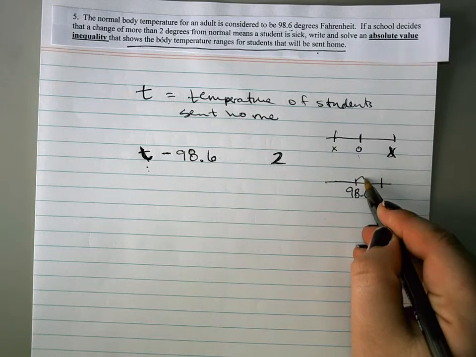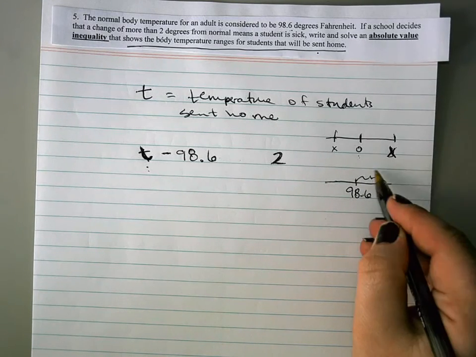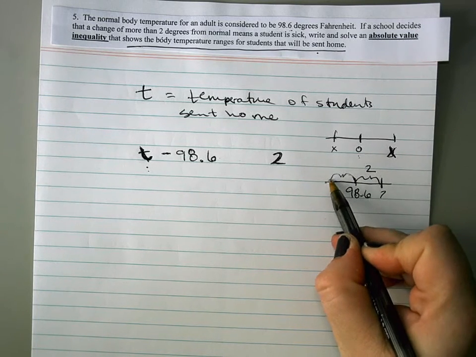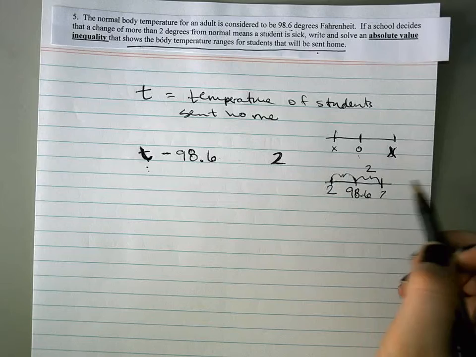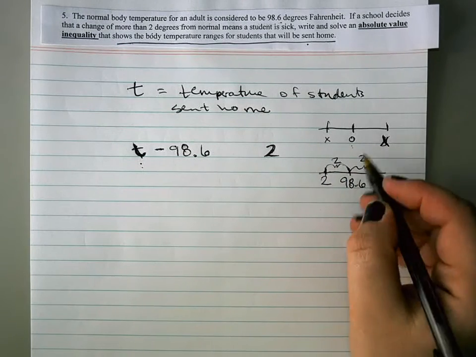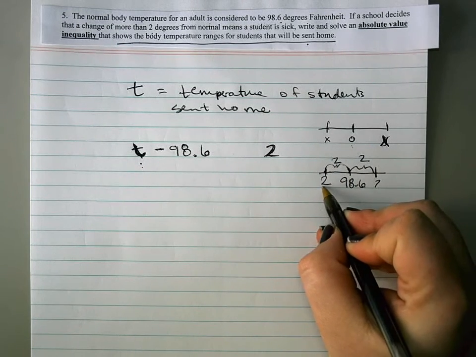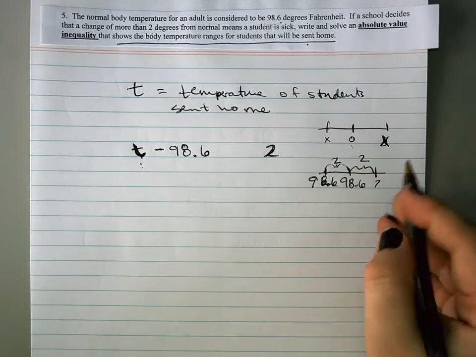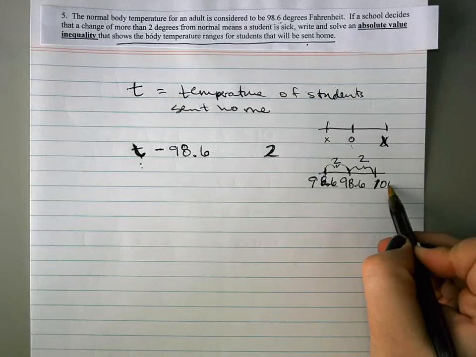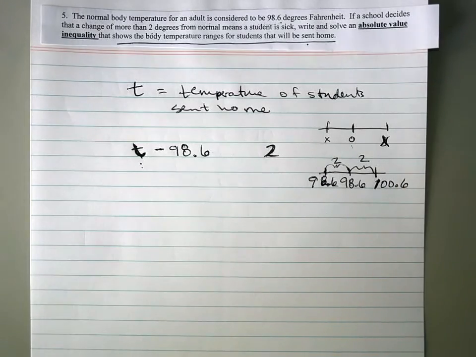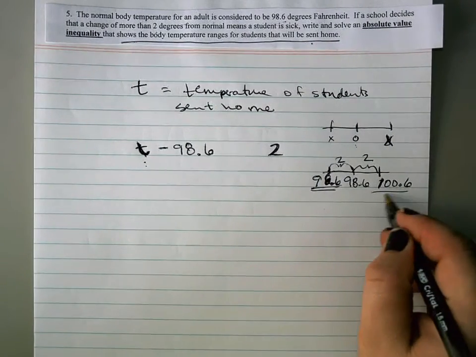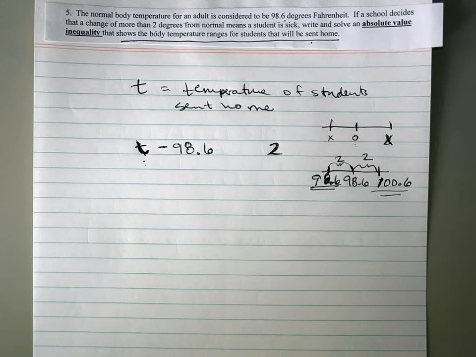We want the distance for this problem to be 2 on one side and 2 on the other. So minus 2 would be 96.6 and plus 2 would be 100.6. Now these, 96.6 and 100.6, are going to be the boundaries for the problem.